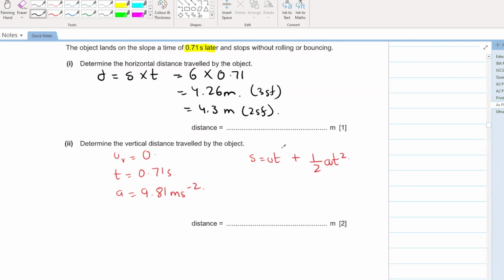This entire ut term will become 0, because your initial vertical velocity is 0. s equals half into the acceleration, 9.81, into the time squared, 0.71 squared. Can anyone calculate the answer in the chat? This comes out to be 2.5 meters. Simple as that, nothing complicated here.